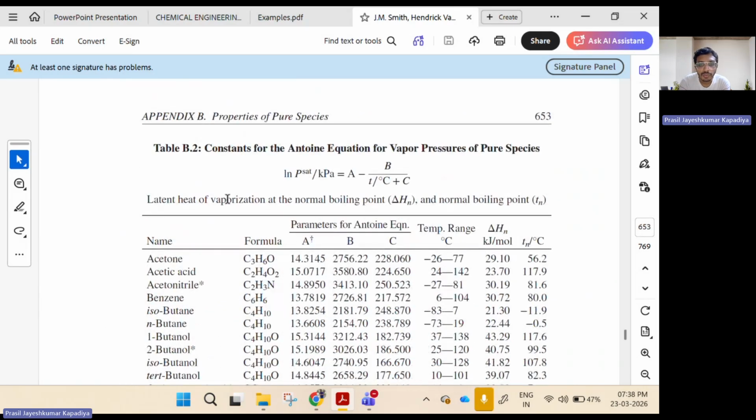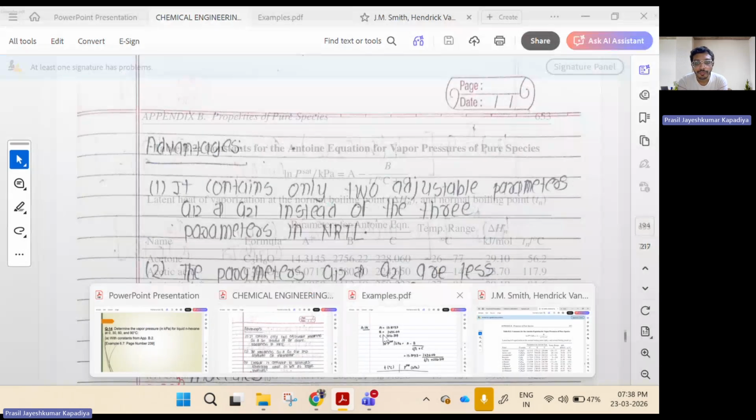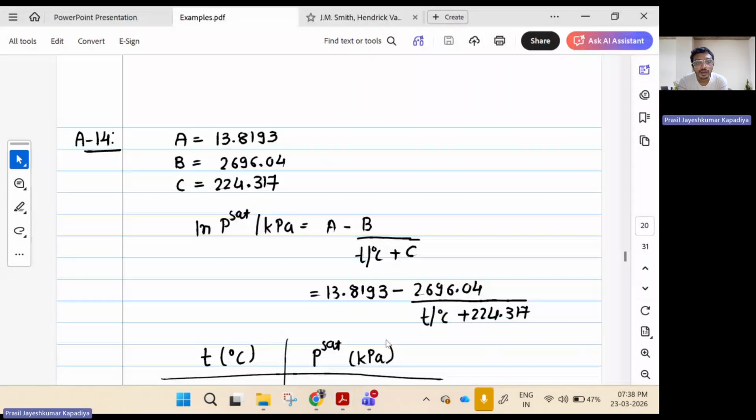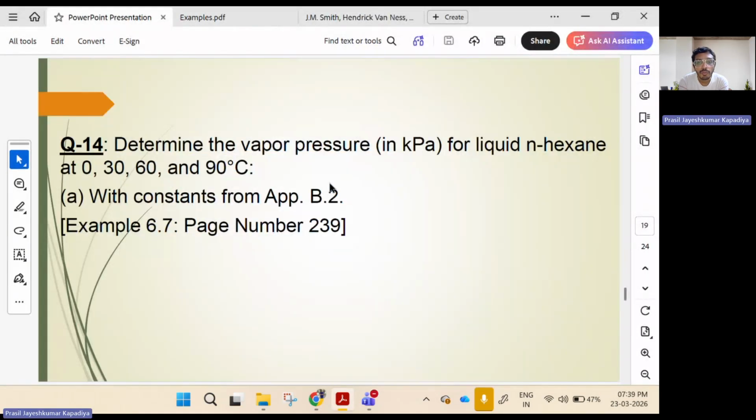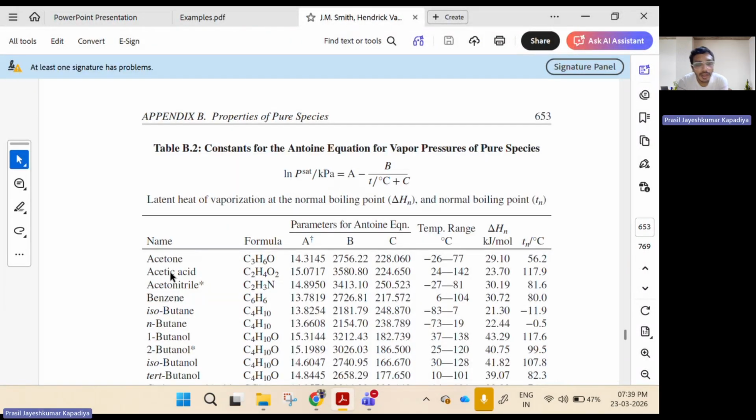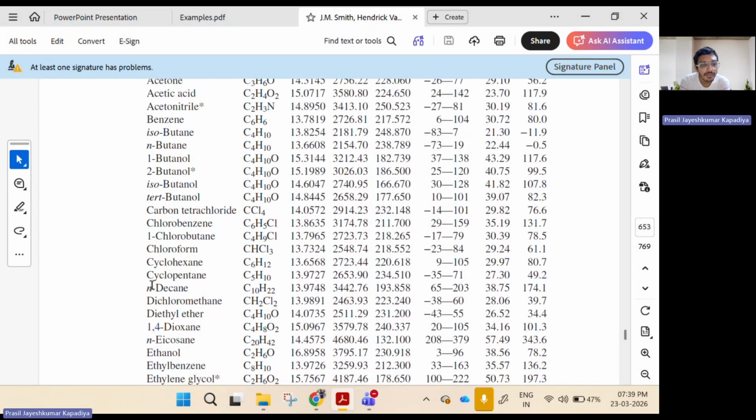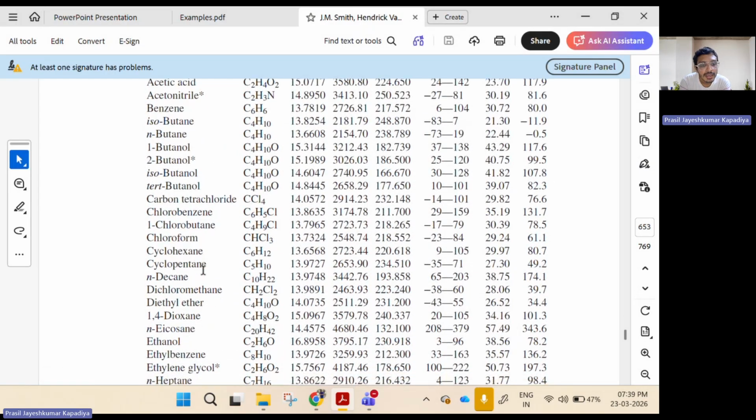So this is the Antoine equation, right? There are various ways in which the Antoine equation is defined. This one is ln P sat equal to A minus B divided by T plus C, where temperature is taken in degrees Celsius and pressure in kilopascal. We are supposed to find this for the molecule n-hexane. So where is n-hexane?